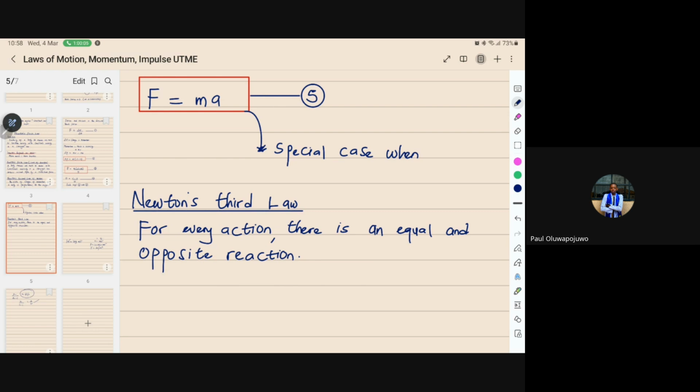So what does that entail? They are equal in magnitude. Do you get the point now? They are going to be equal in magnitude, but opposite in direction.